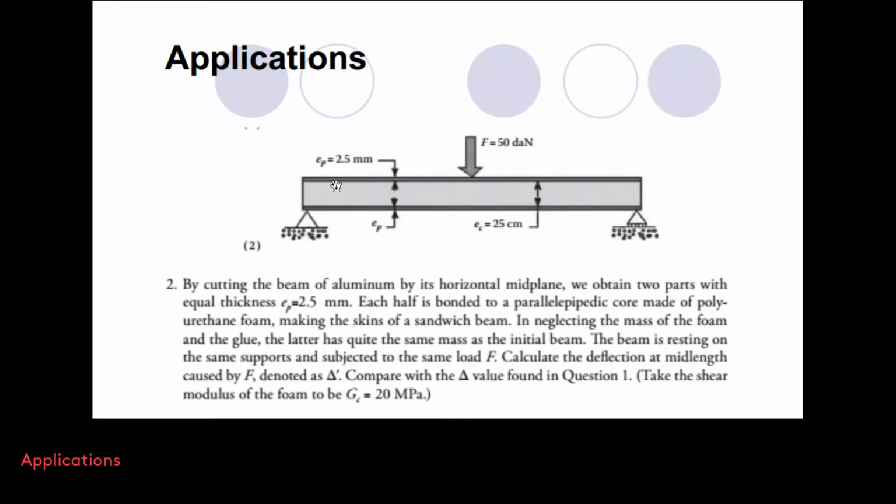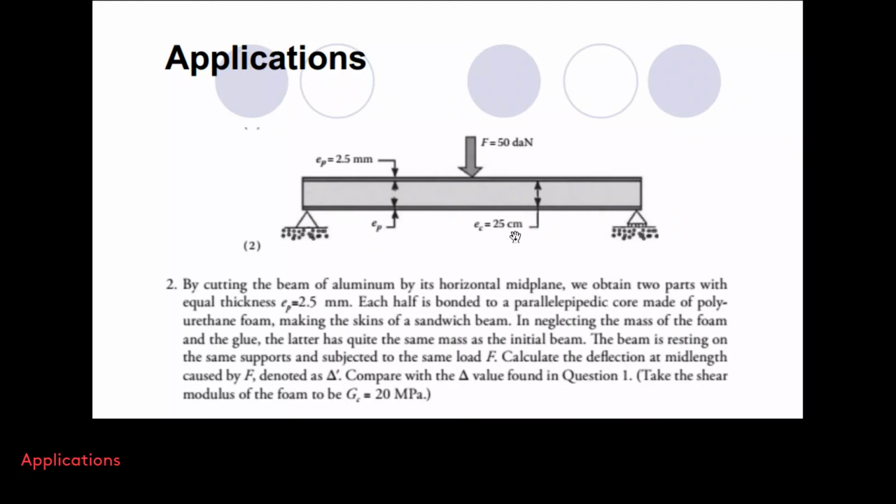Remember that the thickness was 5 millimeters, and we made a sandwich structure with cover plates that have a thickness of 2.5 millimeters each, and we have a core material. The core material is made of polyurethane, and it has a thickness of, so please correct it, here it is written 25 centimeters, but in fact it is 25 millimeters.